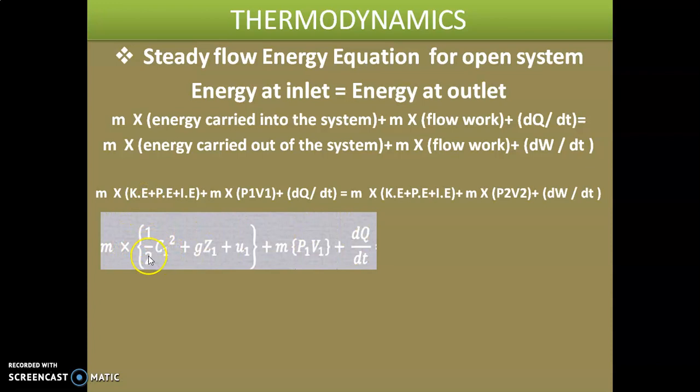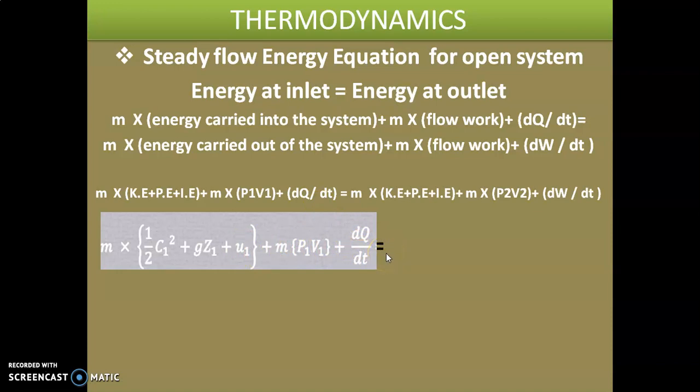What is the kinetic energy formula? Half of c1 square, plus potential energy gz1, actually mgz1. So we have taken a common term, that is m, outside the bracket. So we have gz1 plus internal energy, that is u1, plus m into flow work p1 v1, plus dq by dt.